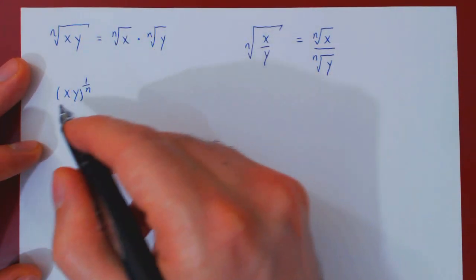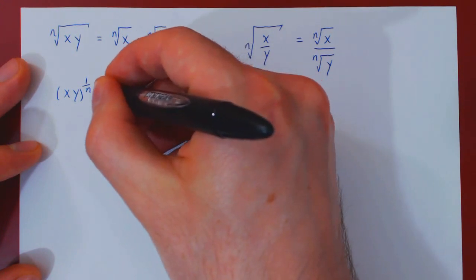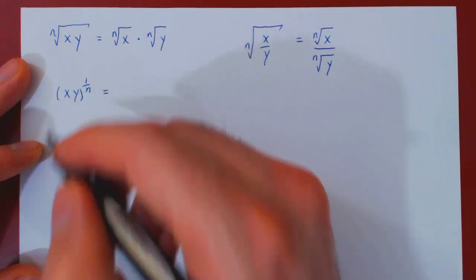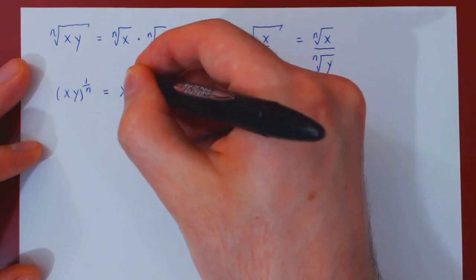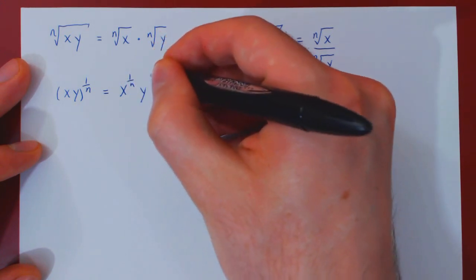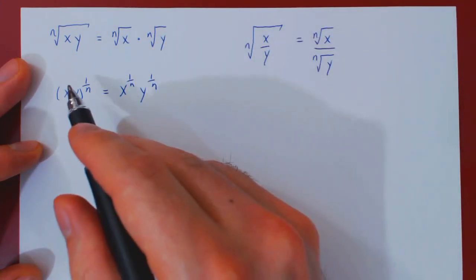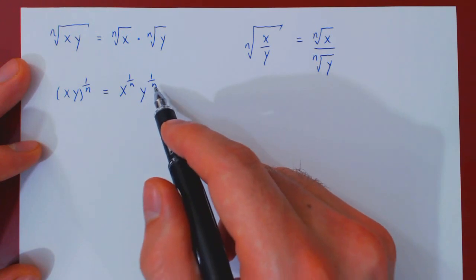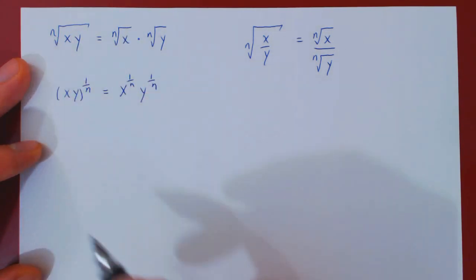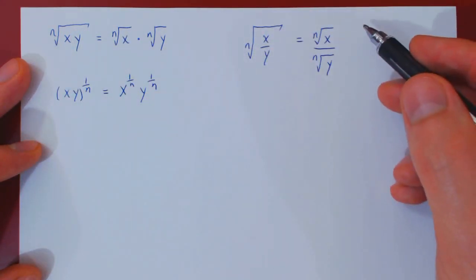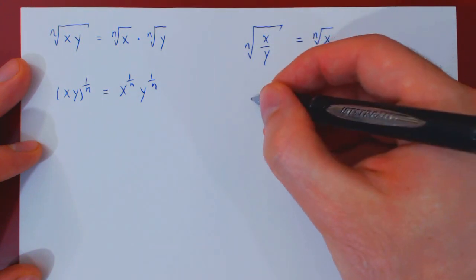Taking an exponent onto a product, we can always distribute the exponent onto each individual term. x to the 1 over n, y to the 1 over n. And again, a power of 1 over n is the same as the nth root. And of course, the same goes for the quotient.